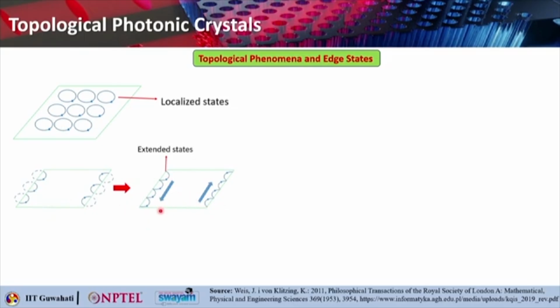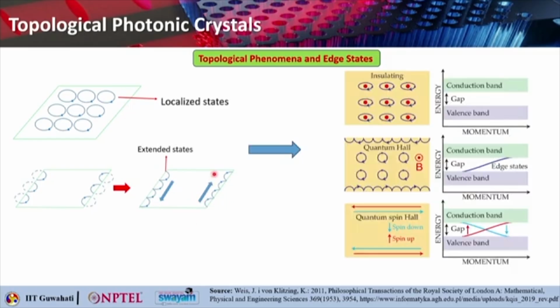As you can see, hitting on the edge and moving on to the next orbit causes the particles to move forward along the edge of the material. Quantum mechanically, this corresponds to extended states, meaning that they are not the localized ones. Hence, these particles move along the edges, but on the other edge they actually move in the opposite direction.